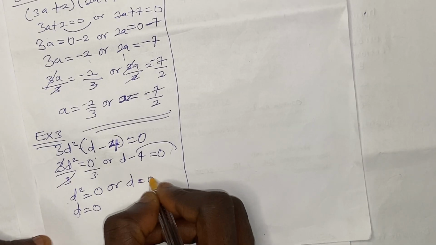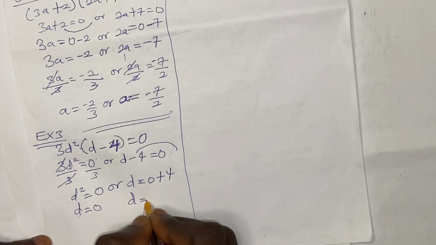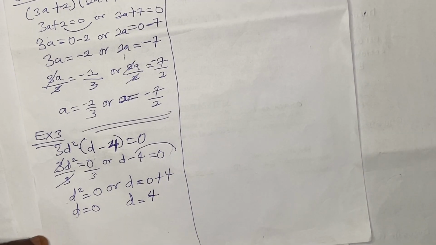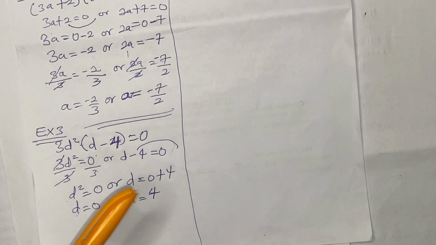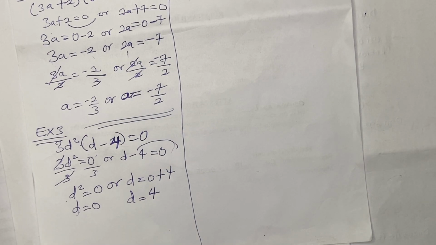So that will be 0 plus 4, and that means your d is equal to plus 4, which is the same thing as 4. So our answer here is d equal to 0, or d equal to 4. Do you understand? So that is how you do the question.